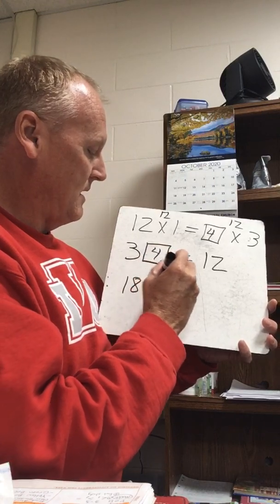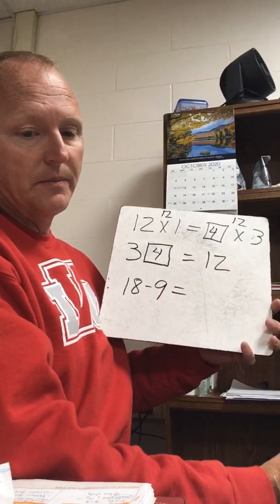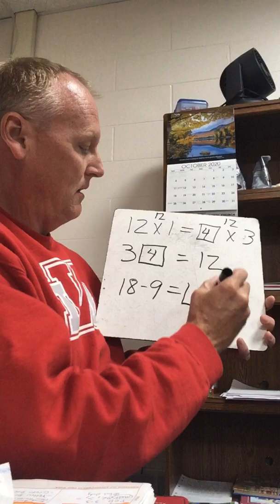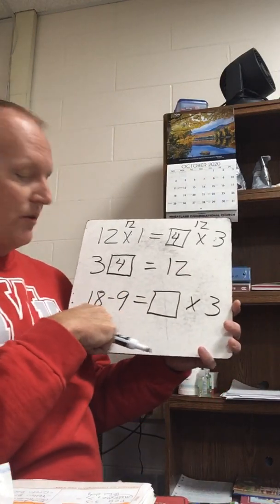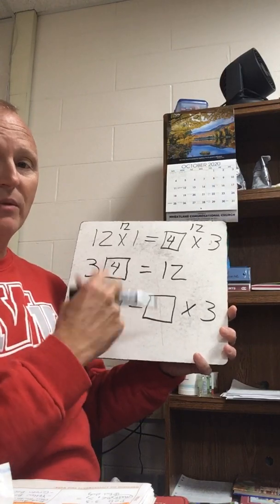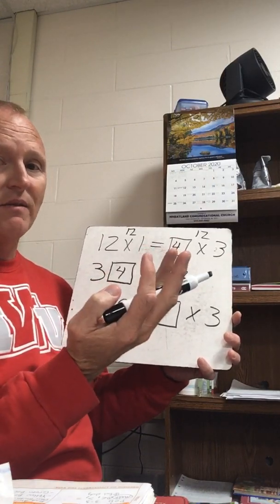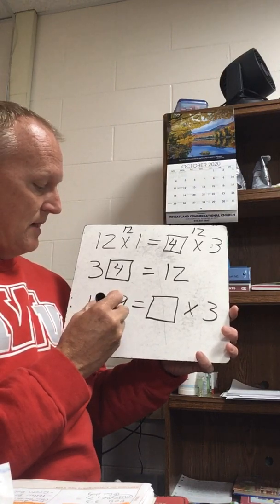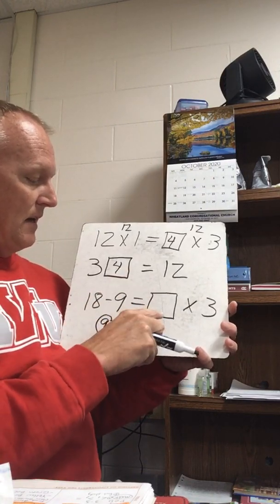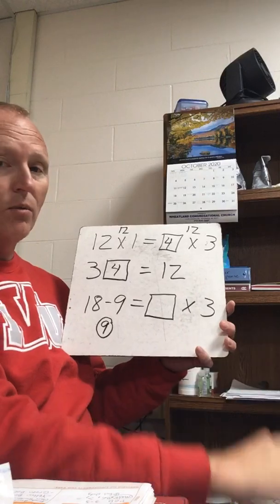18 minus 9 equals blank times 3. So this one we have all the information we need. We just need to do the second grade basic fact. 18 minus 9, we should know that's 9. So we need this side to equal 9 now.